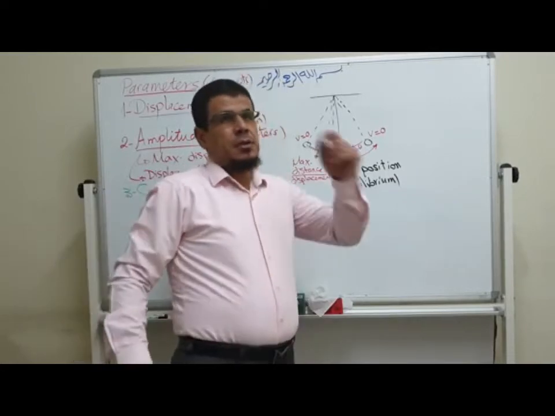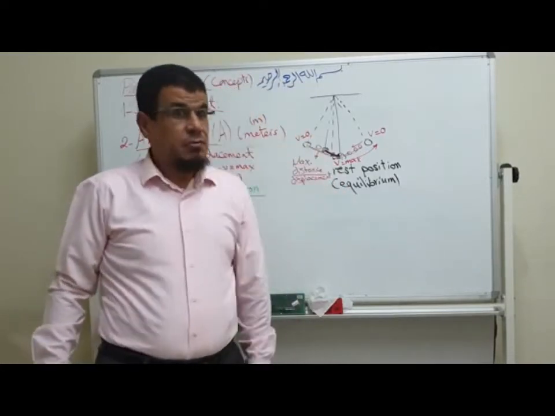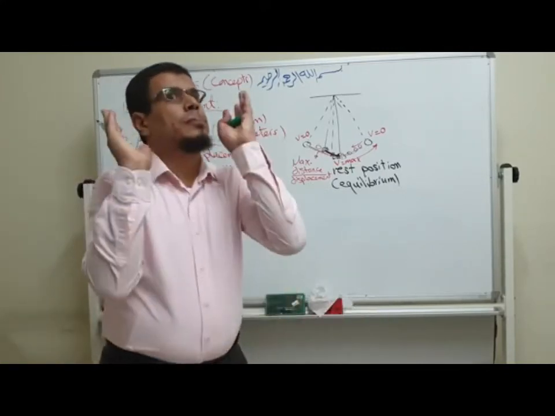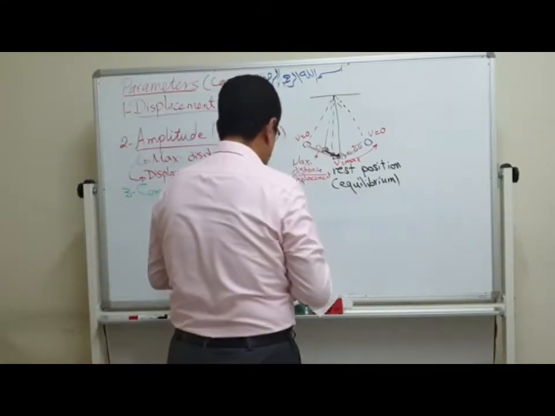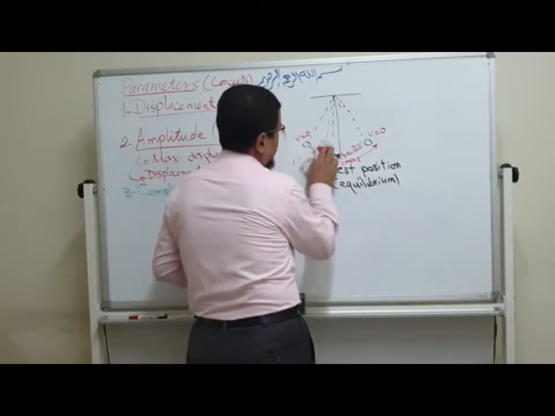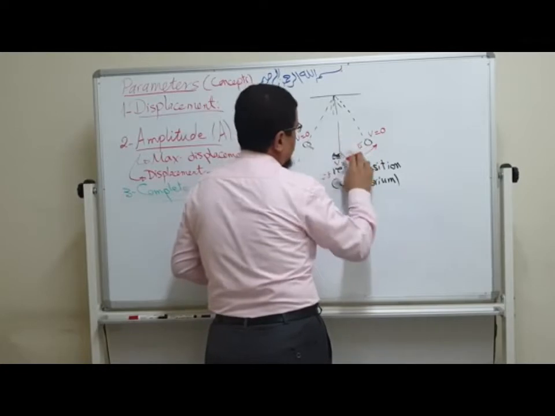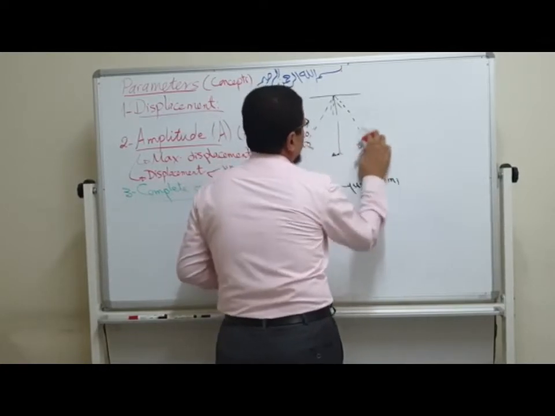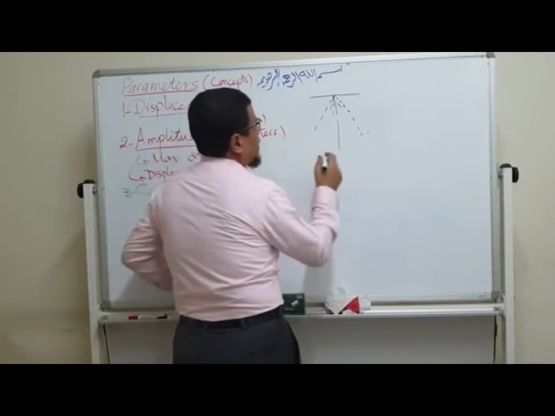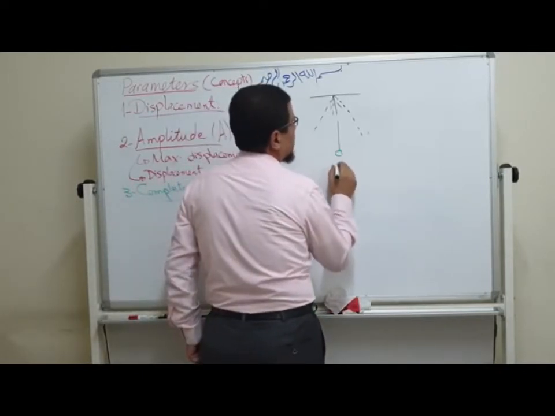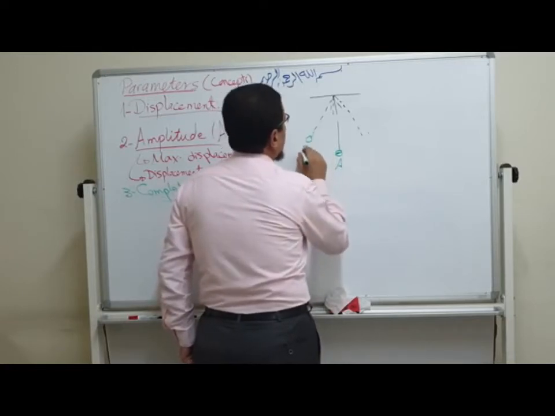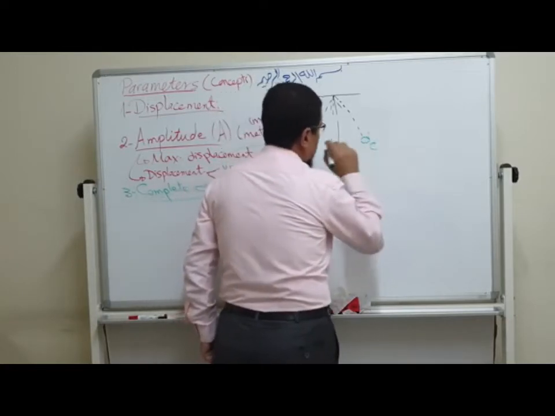Which motion? Look here and you will know. I have here this point, I can call it, for example, A, and this point is B, and this point is C, for example.